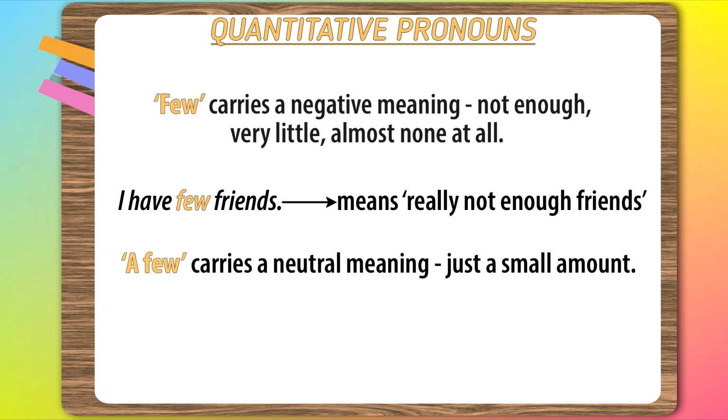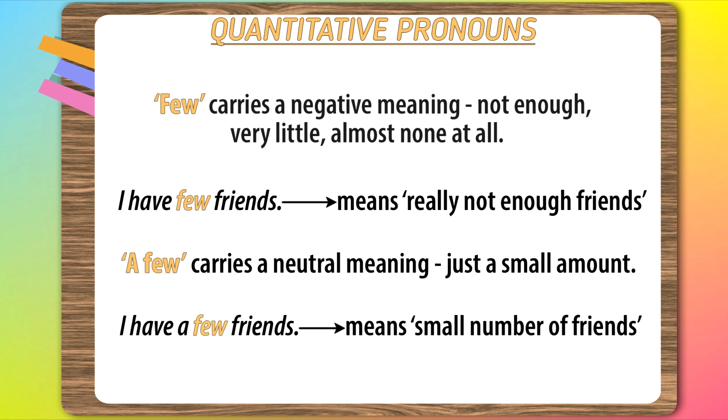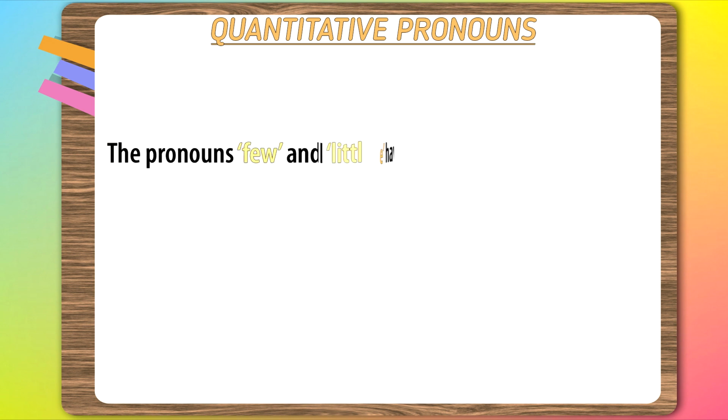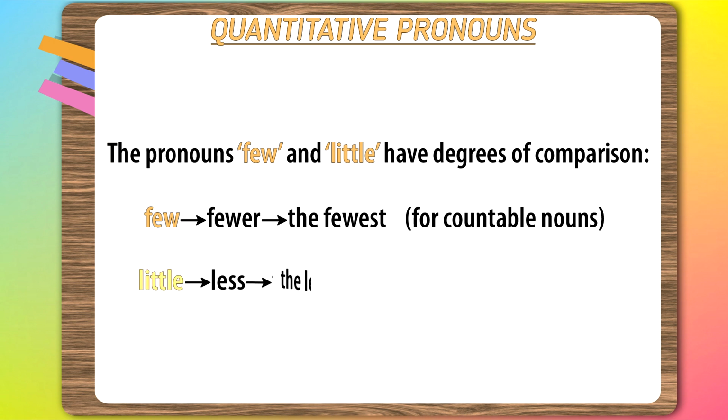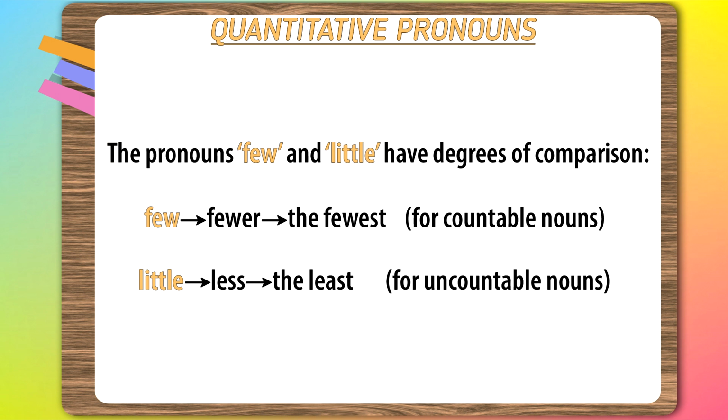A few carries a neutral meaning, just a small amount. For example, I have a few friends, which means a small number of friends. Note the pronouns few and little have degrees of comparison. Few, fewer, the fewest for countable nouns, and little, less, and the least for uncountable nouns.